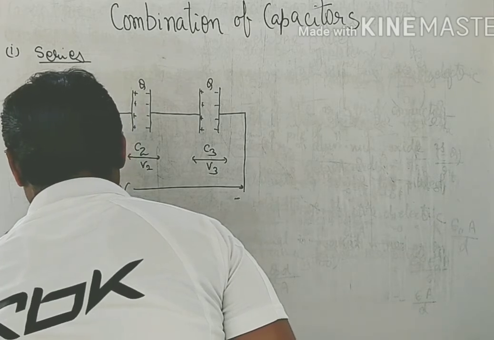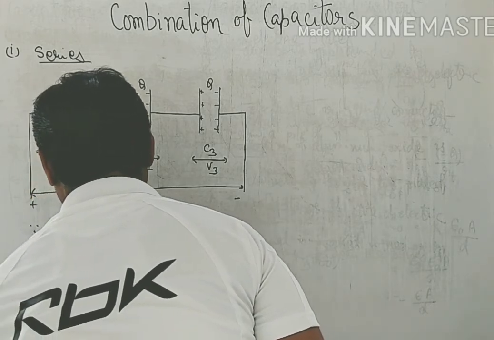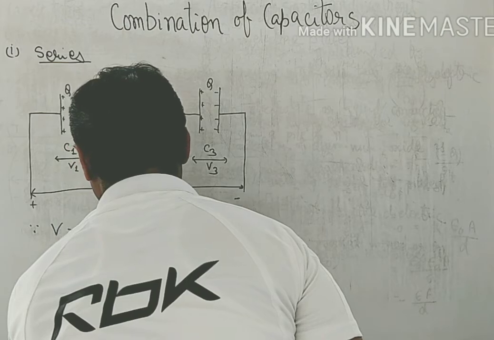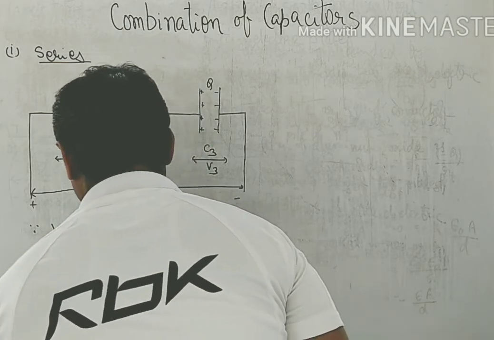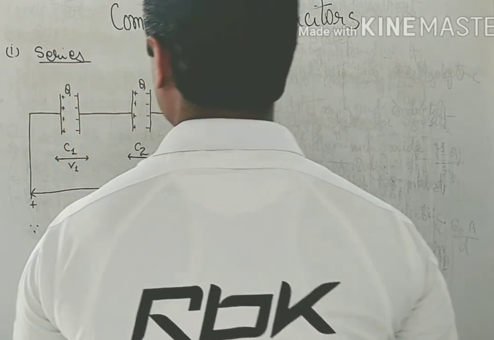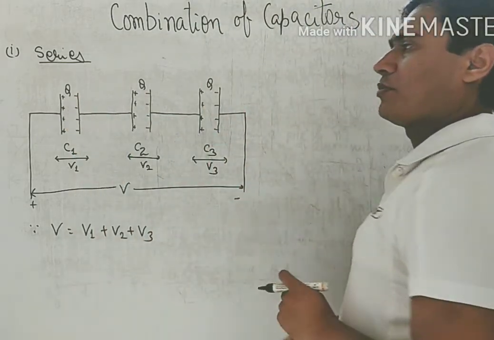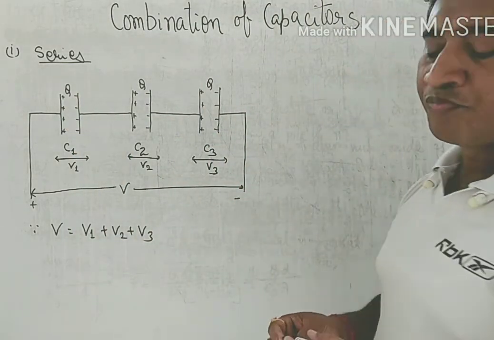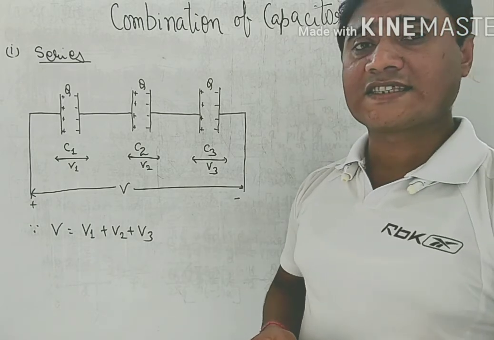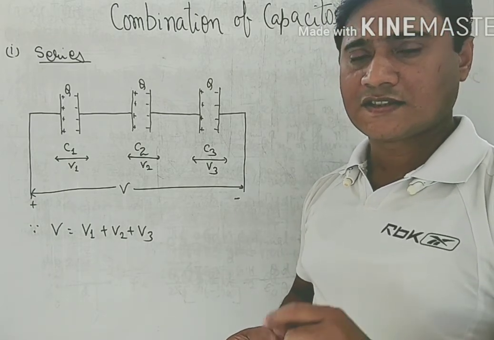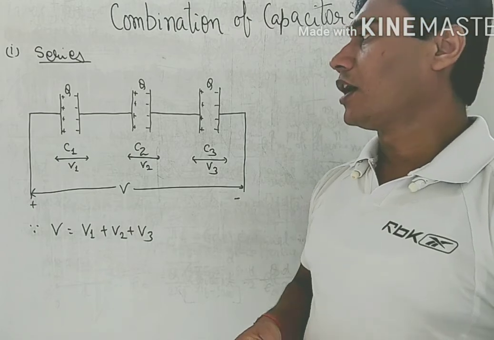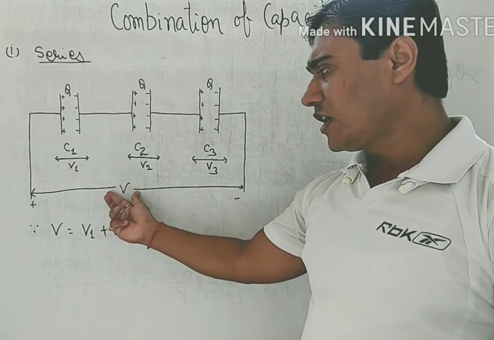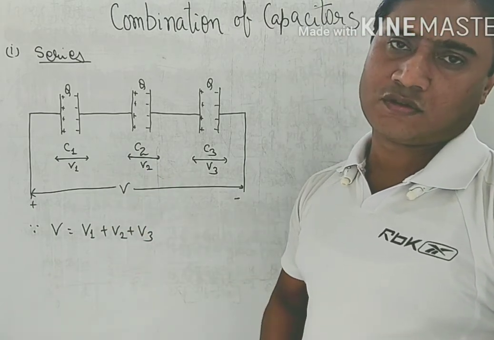So we write now, since V equals V1 plus V2 plus V3, suppose this combination of capacitors is replaced by a single capacitor whose capacitance is say Cs, C subscript S, and is connected with the same potential difference source.